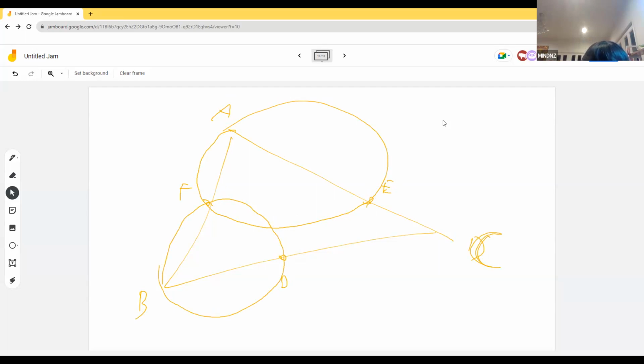And we want to prove that the circles intersect at one point. The way to prove this is to find the point and prove that all three circles pass through that point. We'll define that point as where these two circles intersect. Let's say that's X. Then we want to prove that the circle of CED passes through X, so we want to prove that CEXD is cyclic.